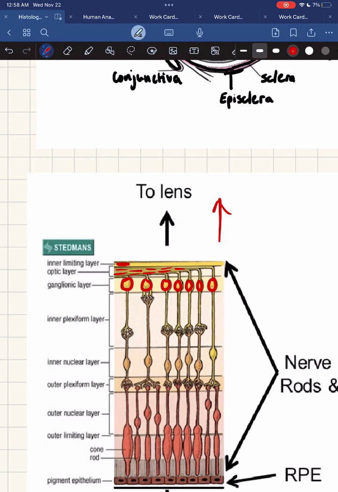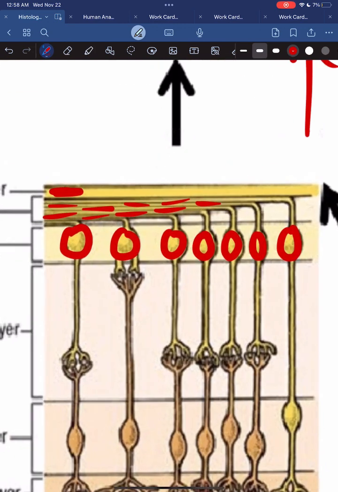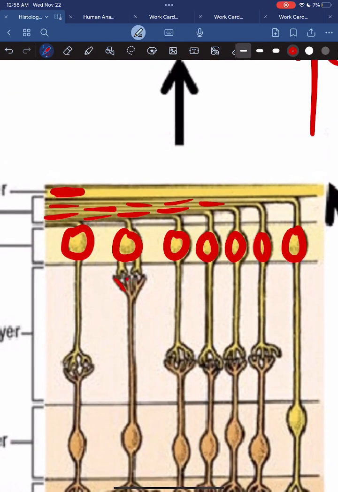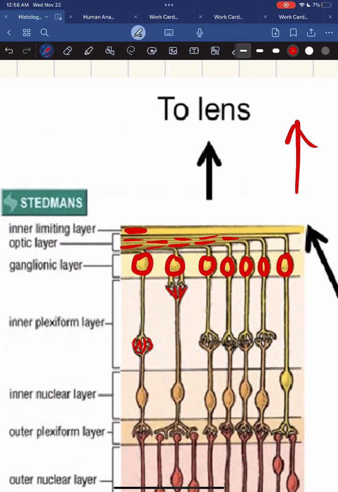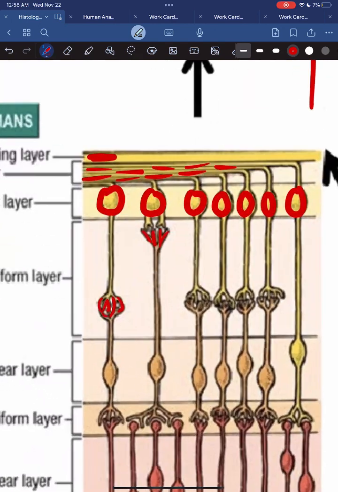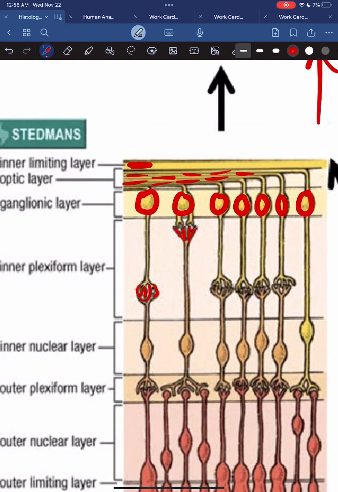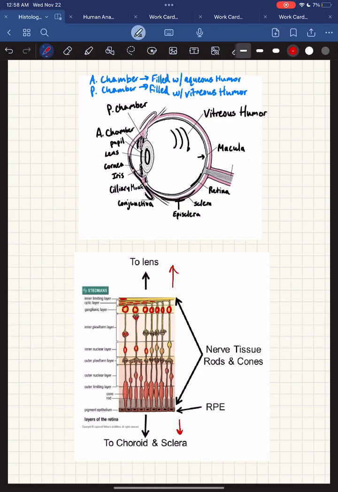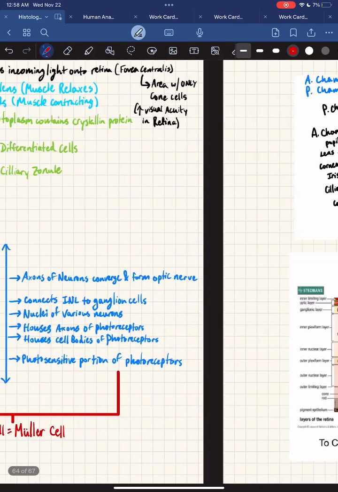Whenever we think of plexiform, we think of striations, we think of fibers, like membranous type of vessels, and you can see that there's a bunch of those here, a bunch of roots, fibers, membrane type ordeal. So that will tell you that that is the inner plexiform layer. Now, inner nuclear layer, right? They're housing the nuclei of various neurons.